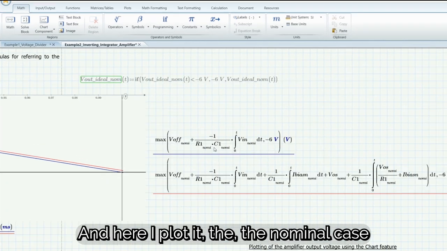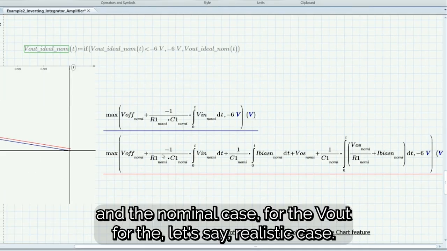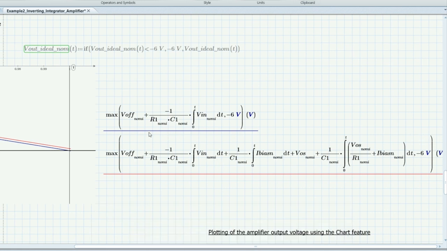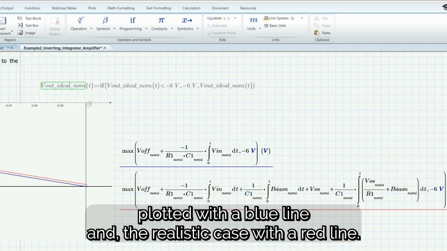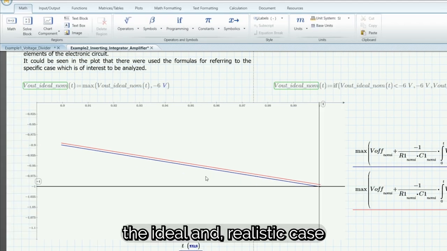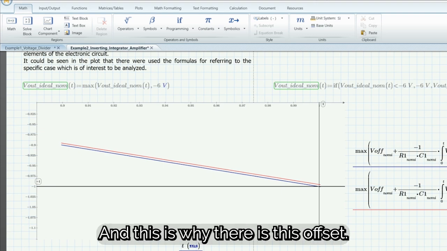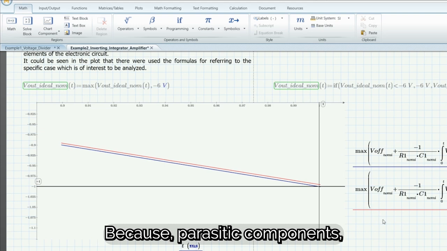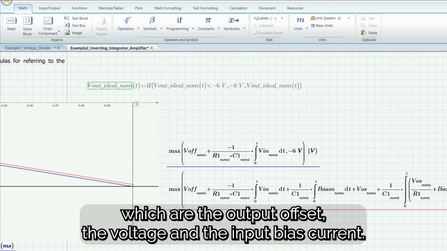Here I plotted the nominal case of the V out for the ideal approach, and the nominal case of the V out for the, let's say, realistic case. The ideal case is plotted with a blue line and the realistic case with a red line. We can see that there is a slight offset between the ideal and realistic case, because parasitics play a role here, and this is why there is this offset. The parasitic components are the output offset voltage and the input bias current.